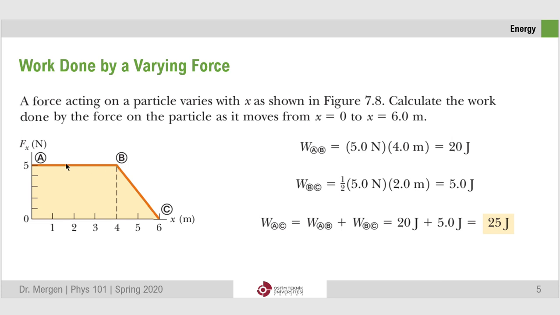First, the force is constant, then it's changing linearly from 4 meters to 6 meters. And to calculate the work done by the force, we need to calculate the area under the force-distance curve.